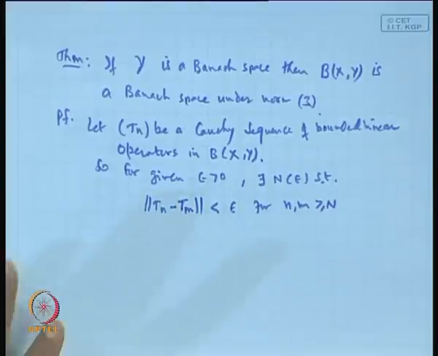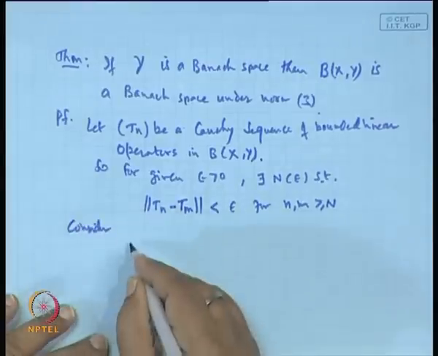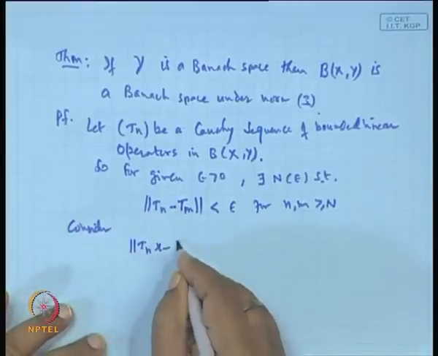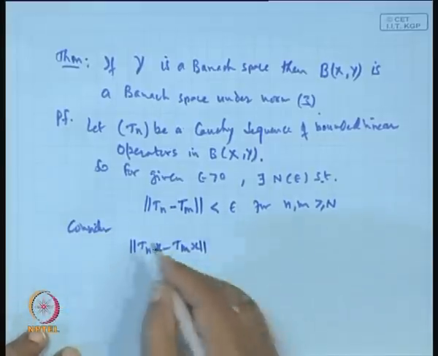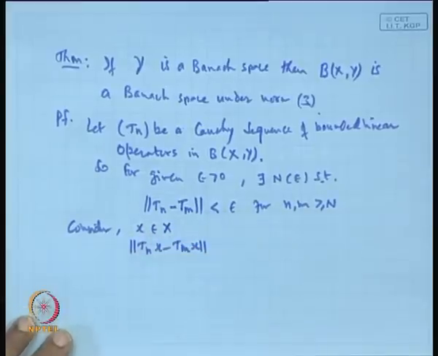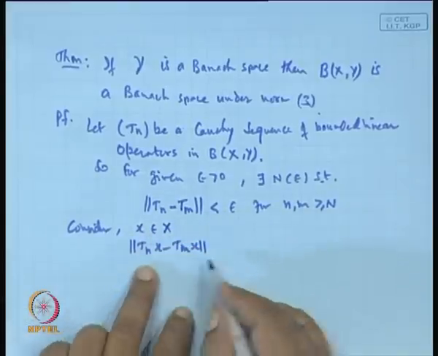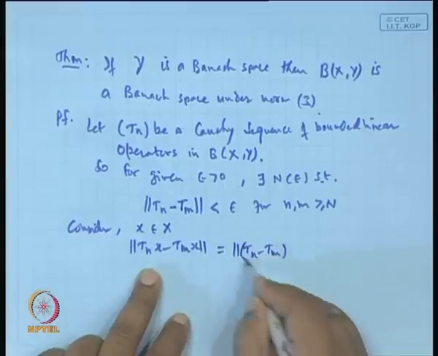Clear? So, consider now norm of T_n x minus T_m x, where x belongs to capital X. This can be written as norm of (T_n minus T_m) x.